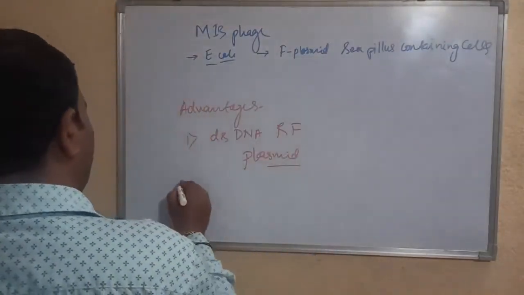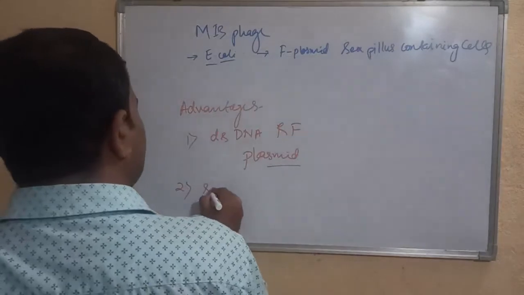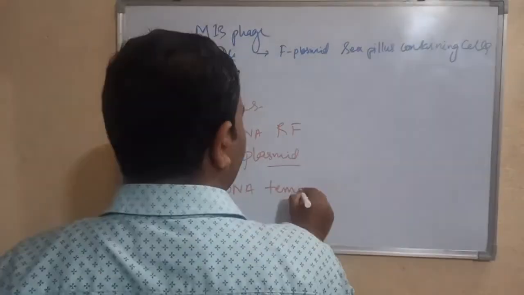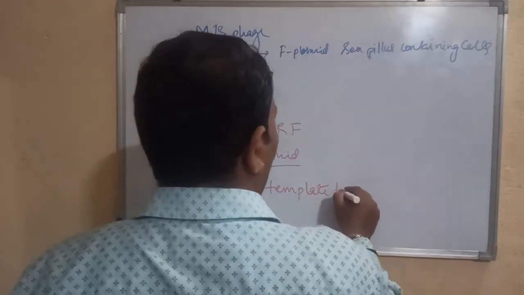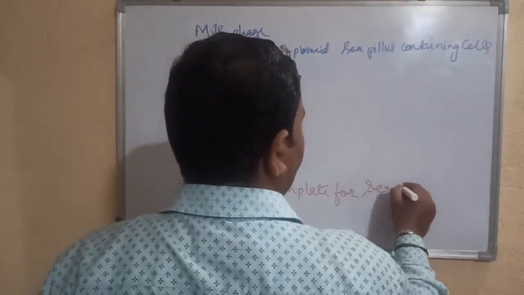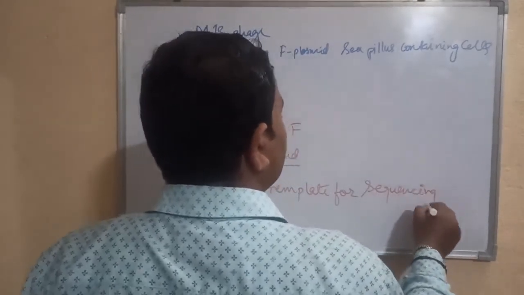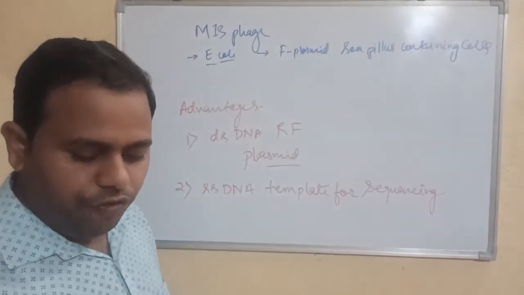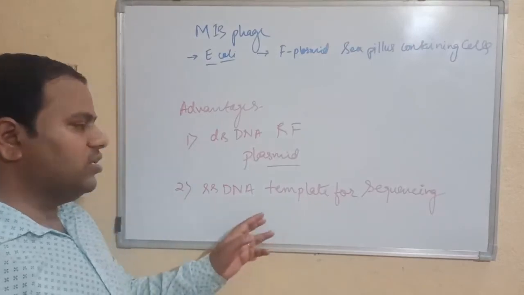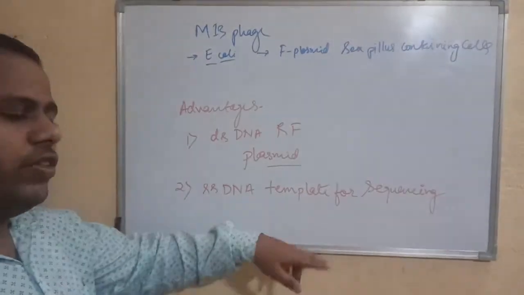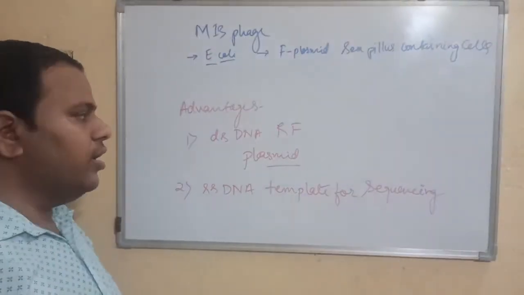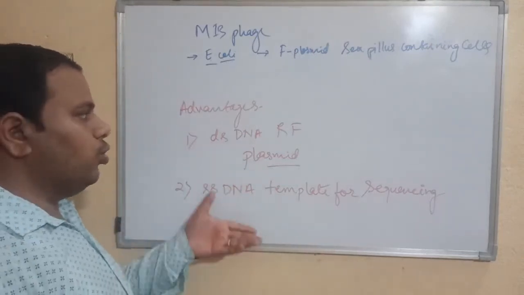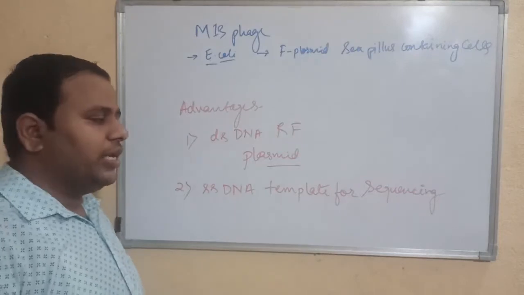The next is the single-stranded DNA of this phage can be used as a template for sequencing. Since sequencing uses single-stranded templates, if the phage has a single-stranded template along with the fragment of interest, that is foreign DNA, it can be easily taken for sequencing directly from the phage after infection. So this was M13 phage that is used for cloning.